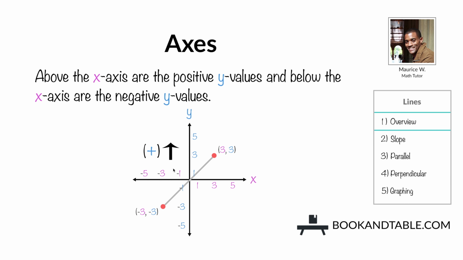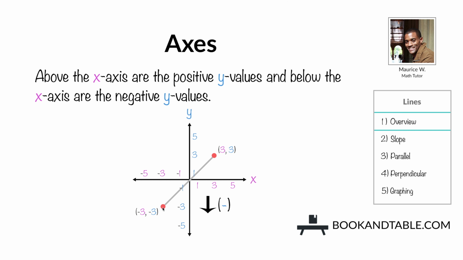The y values above the x-axis, so above the horizontal line, are the positive y values, and below the x-axis are the negative y values. So knowing this helps us figure out what values each point has in this overall coordinate plane.